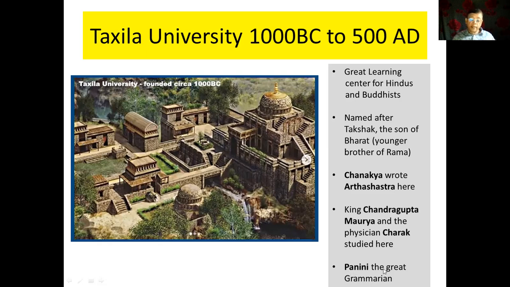And Panini, the great grammarian who wrote the Sanskrit grammar, was also an alumnus of Taxila University. This was a very important, very ancient university. There is no parallel in world history of institutions like this anywhere in the world at that time.